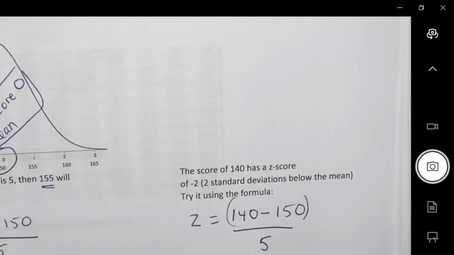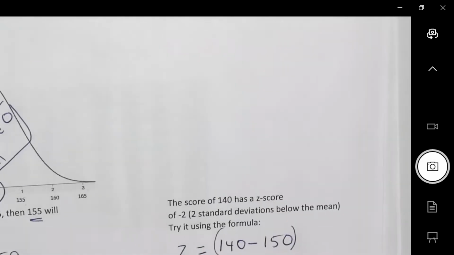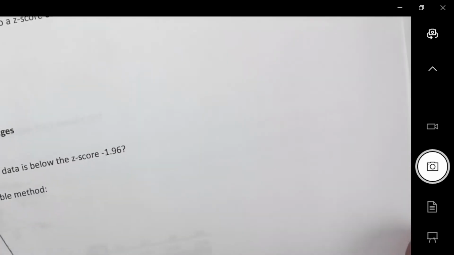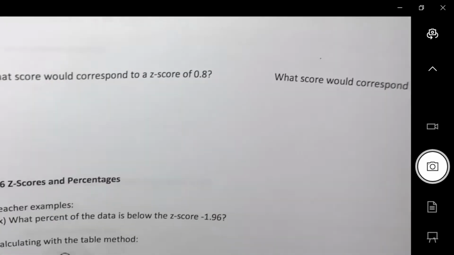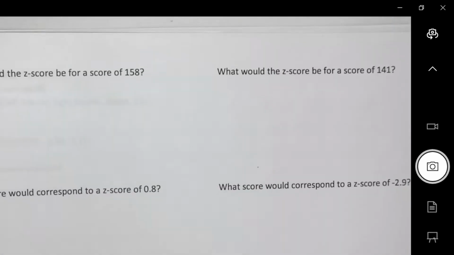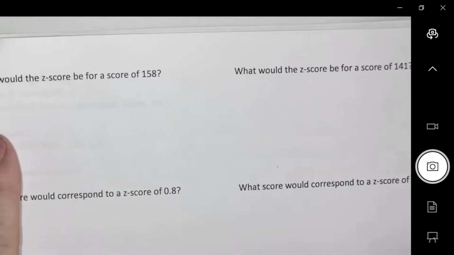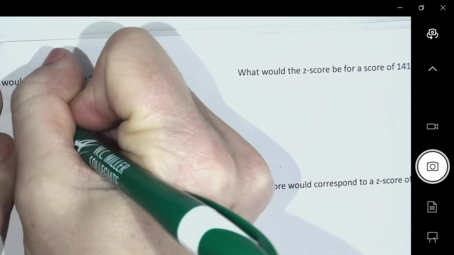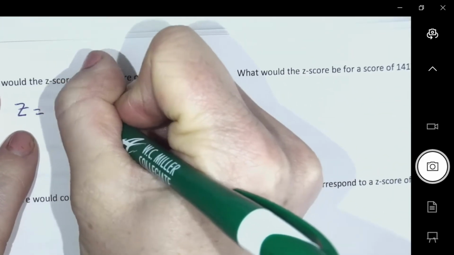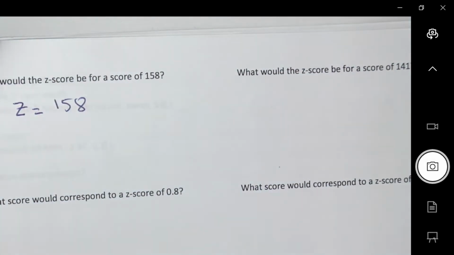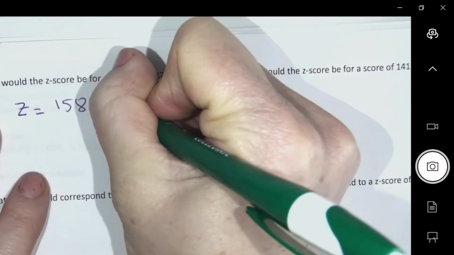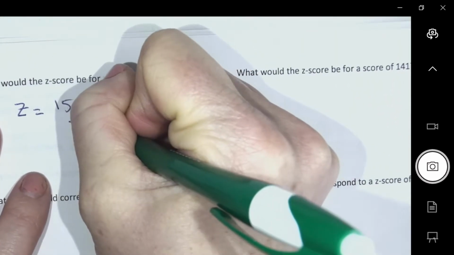Okay, so I'm not normally going to give you ones that are exact. Let's see what would happen here. So we have a 158 is the next. So z equals my score of 158 minus the mean over the standard.